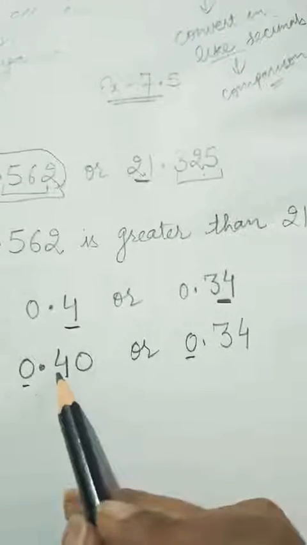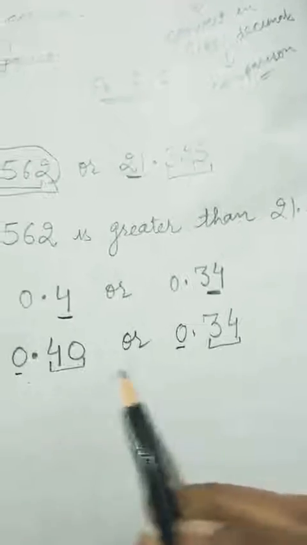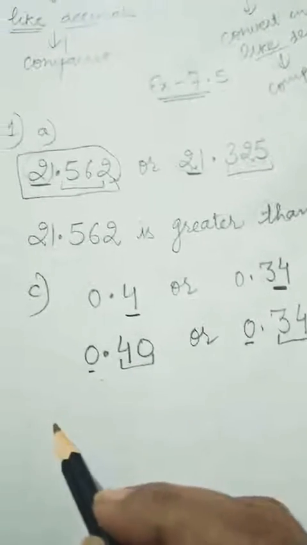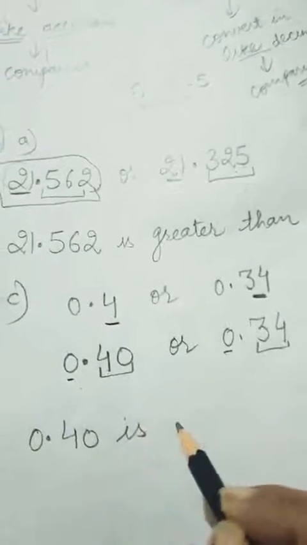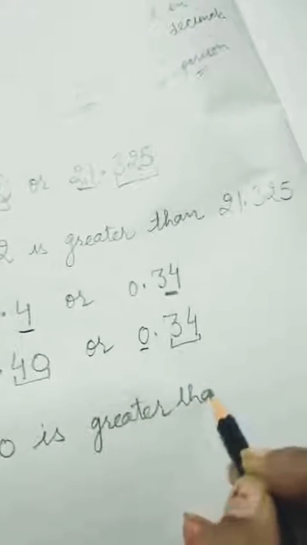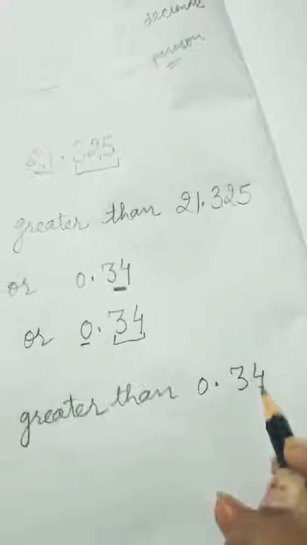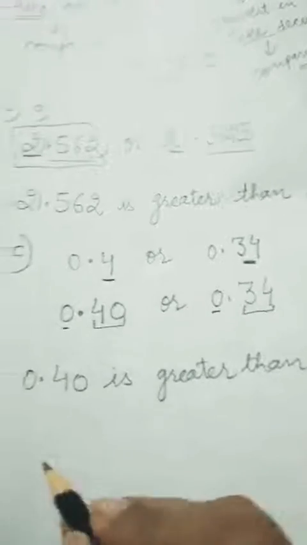So after decimal, here is 40 and here after decimal it is 34. So 40 and 34, which is greater? 40 is greater. So what we will write? We will write 0.40 is greater than 0.34.